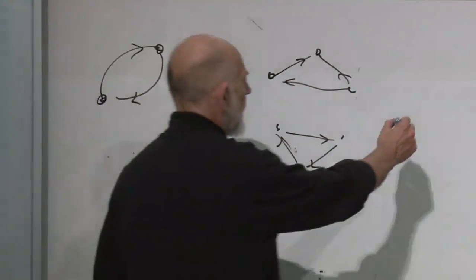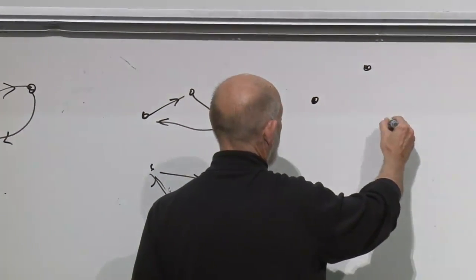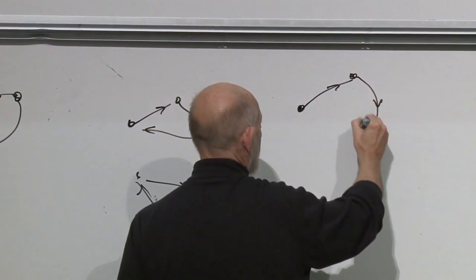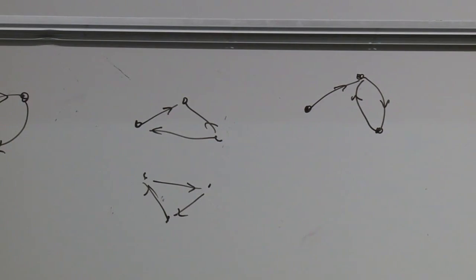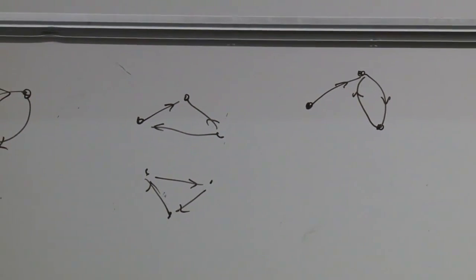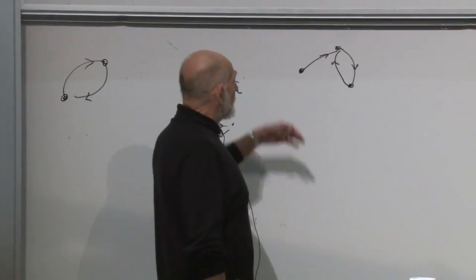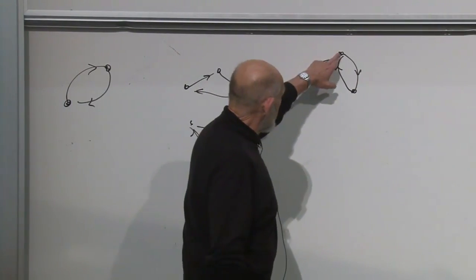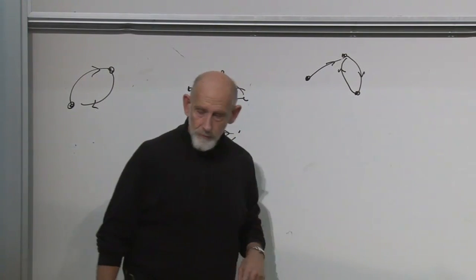Bad laws, for example, would be this. This law is deterministic. It tells you where to go next, no matter where you are. But it fails to be able to tell you where you were in the past. If you find yourself at this point, you could have come from here, or you could have come from here.